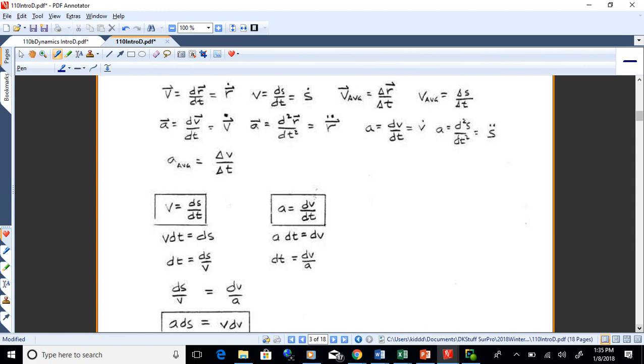So instead of writing out dr dt, normally we just put a dot over the letter, and that means a time derivative. Not any derivative, but a time derivative. So we can talk about dr dt as a vector or ds dt as a scalar. We can also look at average velocity too, which wouldn't be instantaneous. That would be looked at over a given time interval.